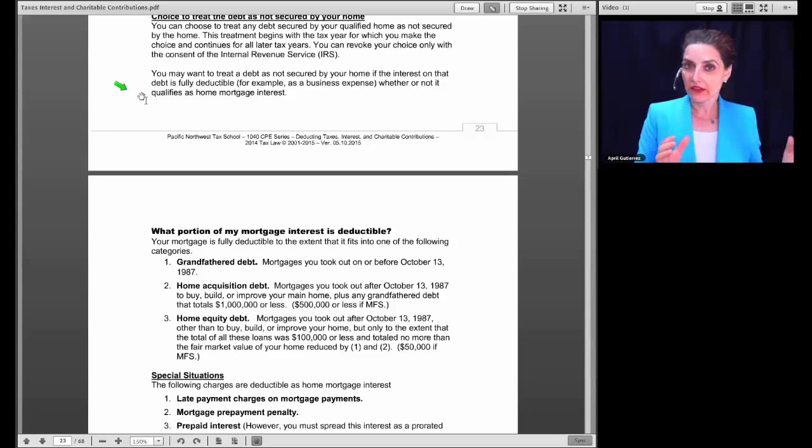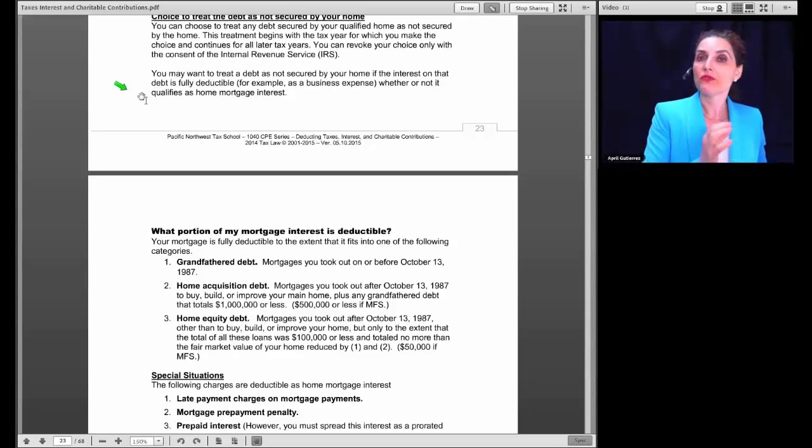It would be legal to deduct all of it on Schedule A. But you could also make an election to take half of the interest every year and allocate that as rental interest on Schedule E. So you'd claim half on the Schedule A and half on the Schedule E.